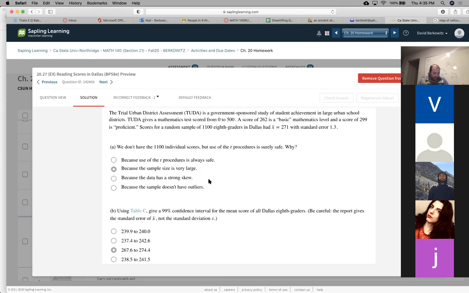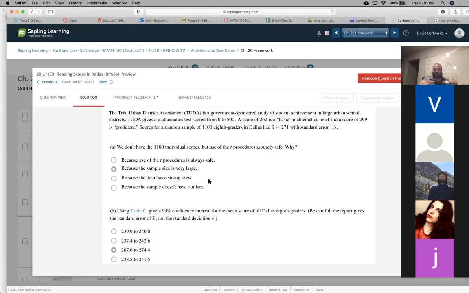Why? So remember, the T procedure is robust, which means that it is easy for it to overcome issues like non-normality, skewness, possibly outliers. But for each hurdle that we have to overcome, the necessary sample size is a little bit larger.